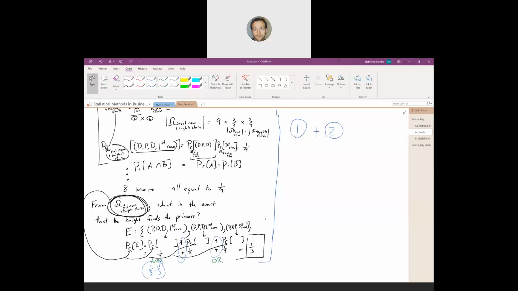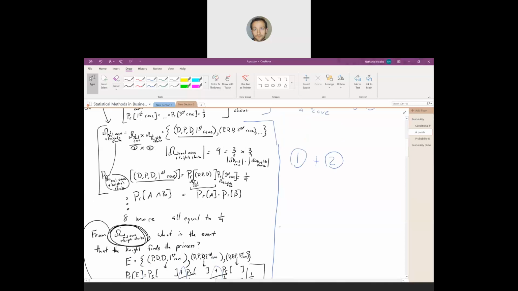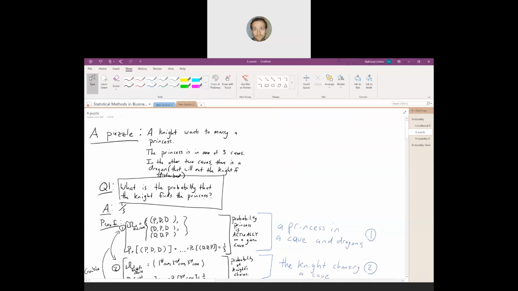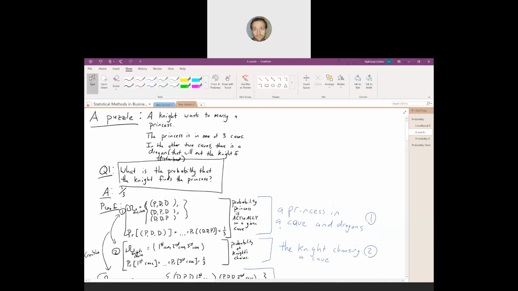All right. Let me pause and give you guys a chance to ask questions about any of this. If you're confused on this, you'll be more confused when we extend this puzzle.